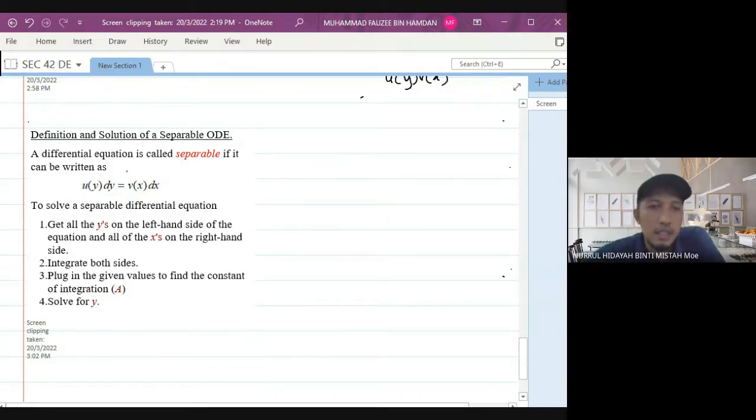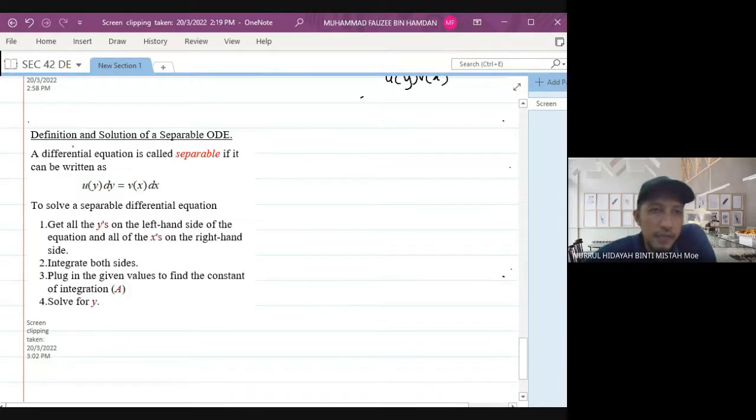Okay, all these notes you can get from the WhatsApp group. I just explain. I don't want to waste our time writing all these things. You can just print, but maybe you need to have a proper book for notes, so that you can write everything that I explained here. This is just very simple notes, but I will explain everything here.